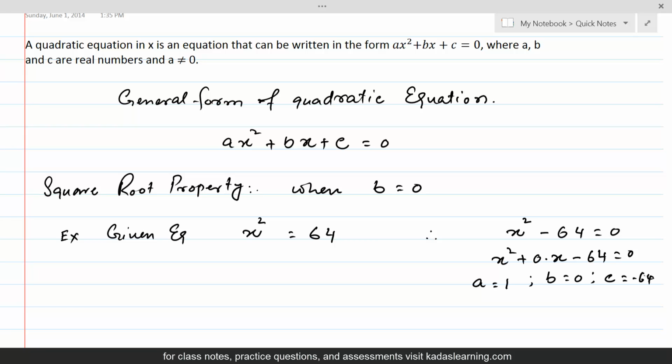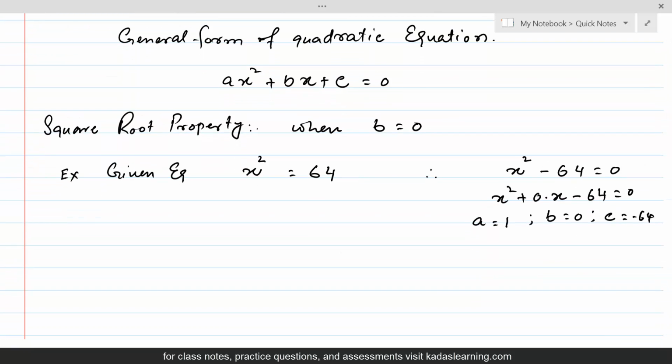Anyway, in order to find the solution for this kind of equation where b is equal to 0, I mean there is no coefficient of the variable involved, whether it's x or t or y, whatever the variable being used is.